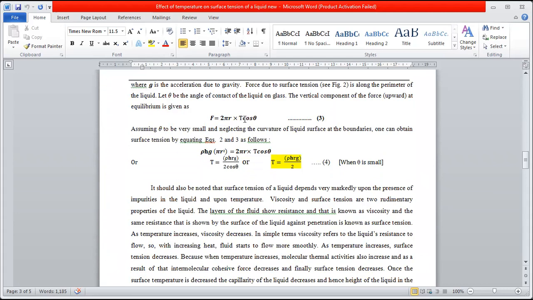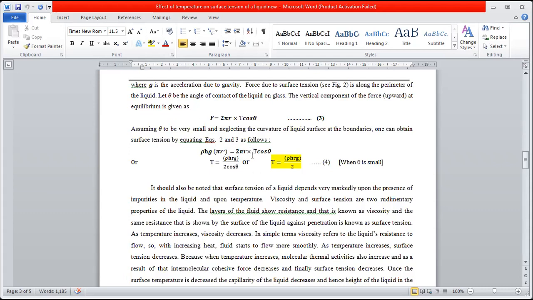This upward dragging force balances the downward gravitational force given by equation 2. Once they become equal, the equilibrium condition is reached. So at equilibrium, equations 2 and 3 can be equated as below.